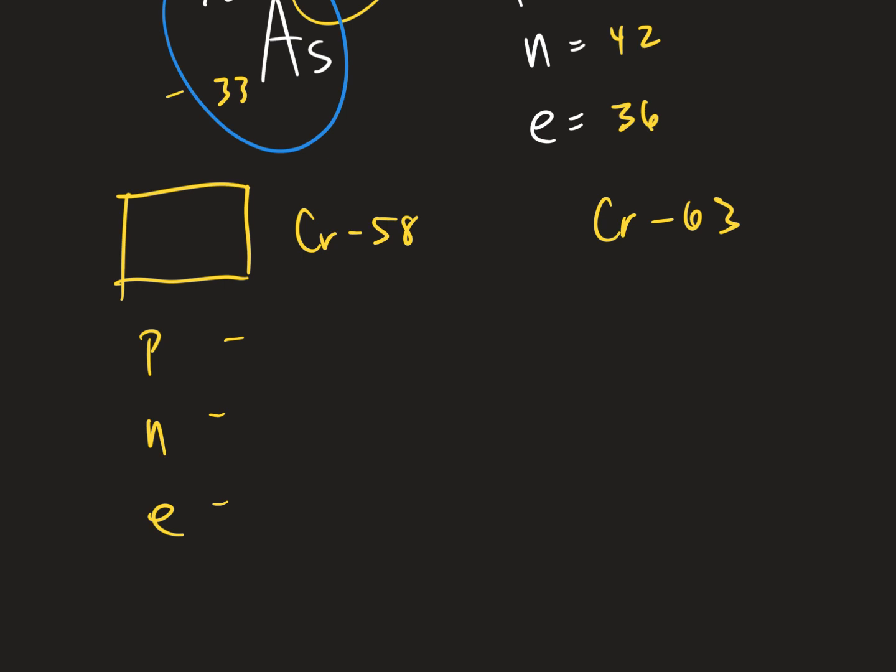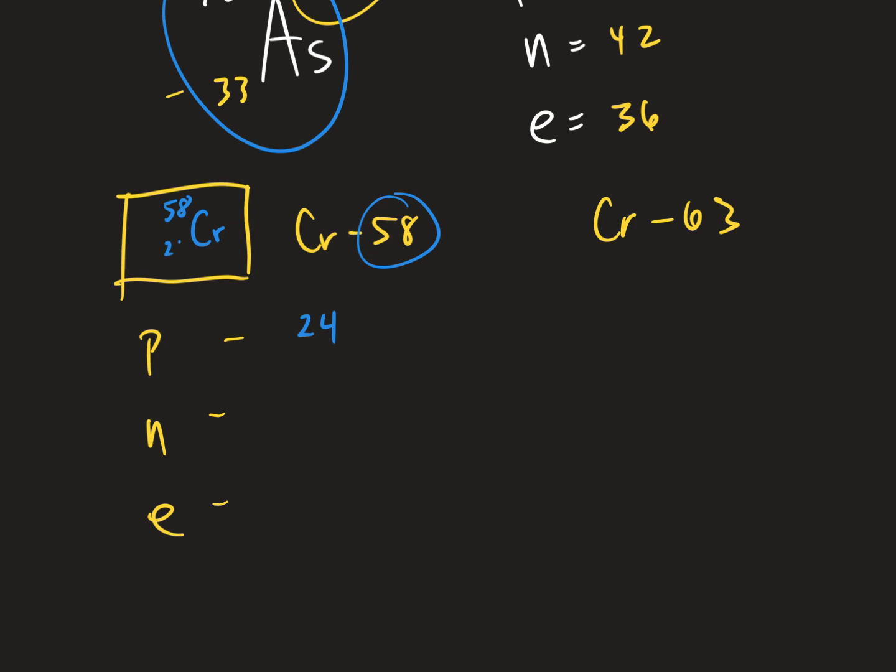So, how many protons does chromium-58 have? Look at the periodic table. What is it? 24, because its atomic number is 24. Okay, so can we write the isotope symbol yet? We can. What's the top number? 58. That's the mass number right there.